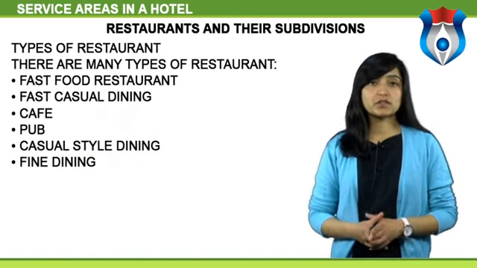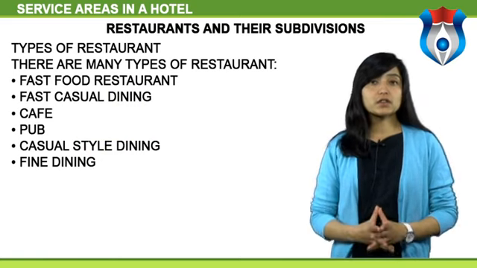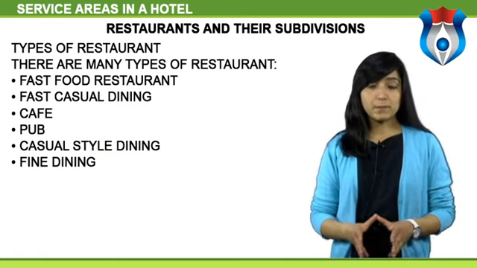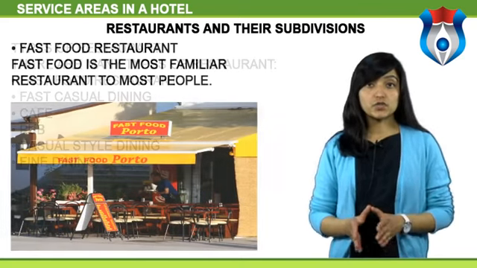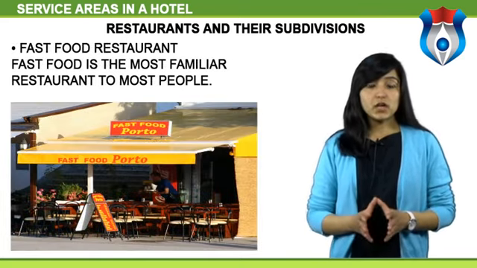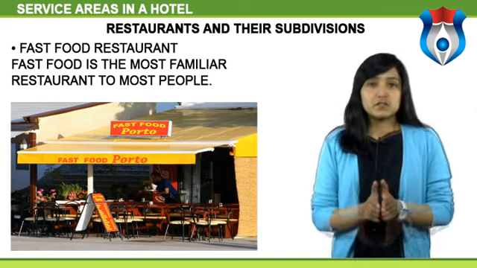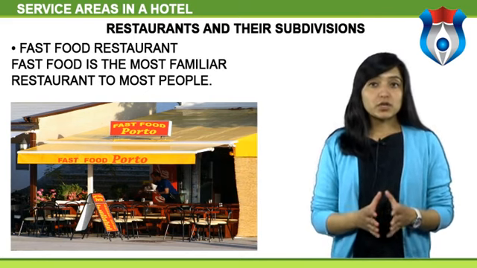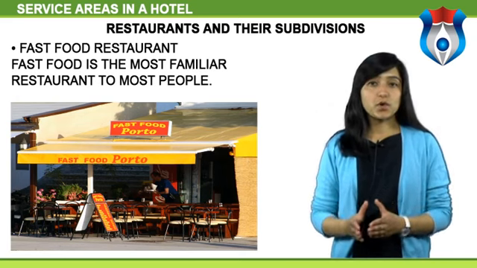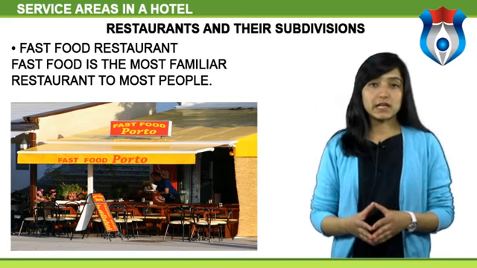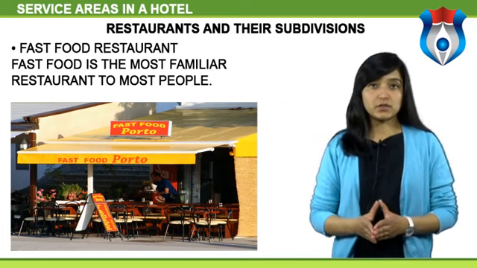Types of restaurants. There are many types of restaurant. Fast food restaurants, fast casual dining, cafe, pub, casual style dining, fine dining. Fast food restaurant. Fast food is the most familiar restaurant to most people. Chains like McDonald's and Burger King became popular in the 1950s and helped spawn countless other concepts like Taco Bell, KFC and In-N-Out Burger.